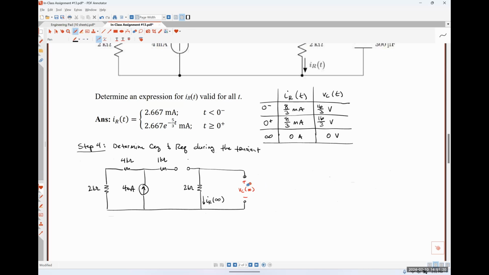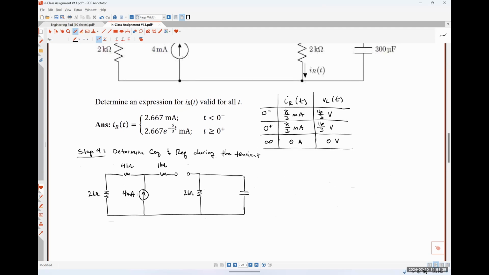Okay. So let me erase some things here really quickly. I'm going to put my capacitor back in just as a capacitor for a moment. 300 microfarads.